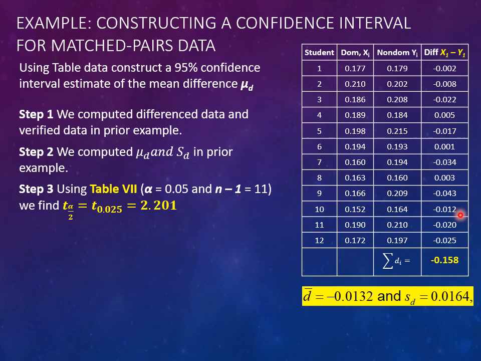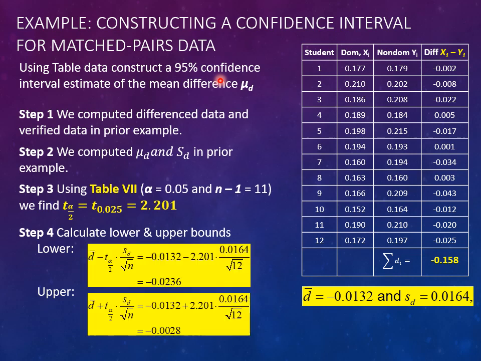So since alpha equals 0.05, right, we have a 95% confidence interval, then the alpha is that percentage left to 100%, or 5%, or 0.05. And our n minus 1, or our degrees of freedom, is 11. So if we go to table 11 and go to the 0.05 column and go to the 11th row, we will find the value for t sub alpha over 2, which is 2.201.